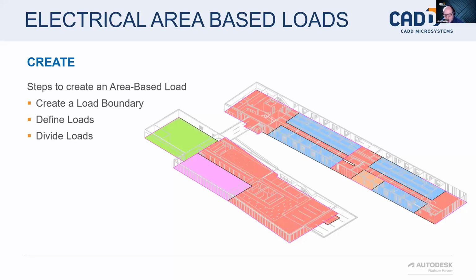Once we have that closed-in boundary created, we'll come back and actually create the load from that boundary. And then once we have the load created, we're free to come back in and subdivide that load if we need to. We could create one overall load for the entire building and then start subdividing that into separate loads inside that overall load.